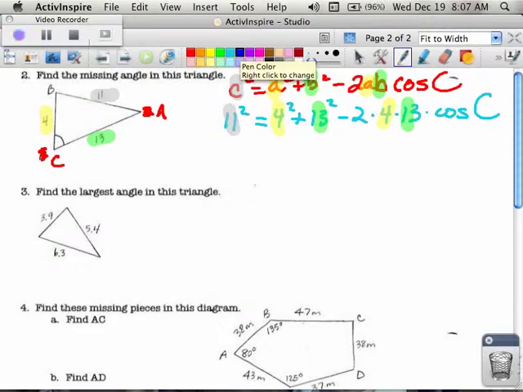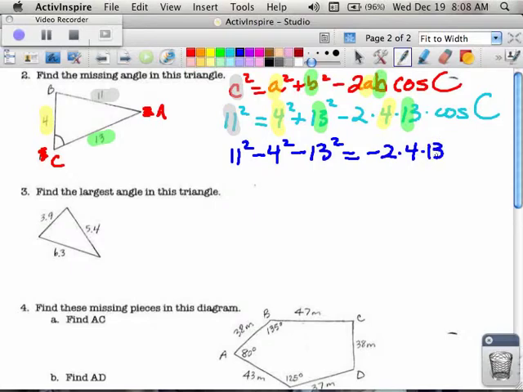So we're going to take the 4 squared and the 13 squared and move them to the left. When I move them to the left, instead of being positives, they'll become negatives. So I get 11 squared minus 4 squared minus 13 squared equals the negative 2 times 4 times 13 times the cosine of the angle I'm looking for.